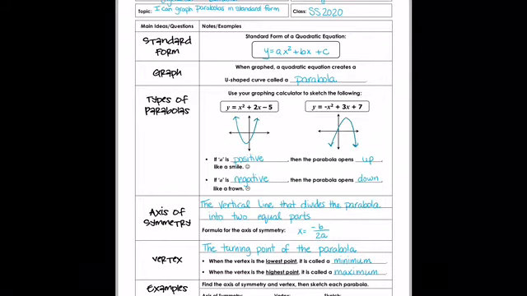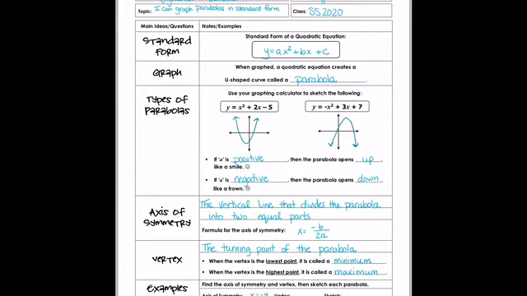So we want the opposite of b, negative 8, divided by 2 times 1. So negative 8 divided by 2 gives us negative 4. So the axis of symmetry would be x equals negative 4.